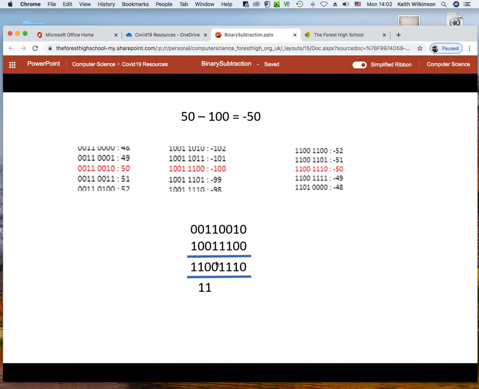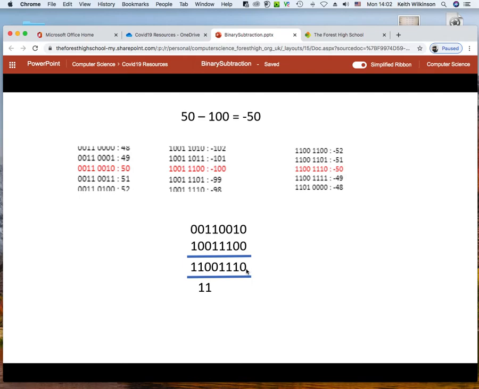1 plus 1 is 2. So that's write down the 0, carry the 1. 1 plus nothing is 1, plus 1 is 2. So write down the 0, carry the 1. 0 plus 0 is nothing, plus the carry 1. And finally, nothing plus 1 is 1. And that is my answer in 8 bits.